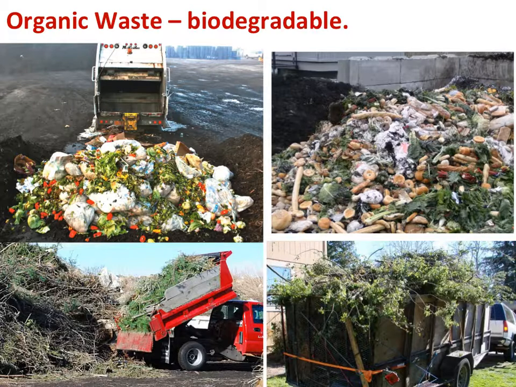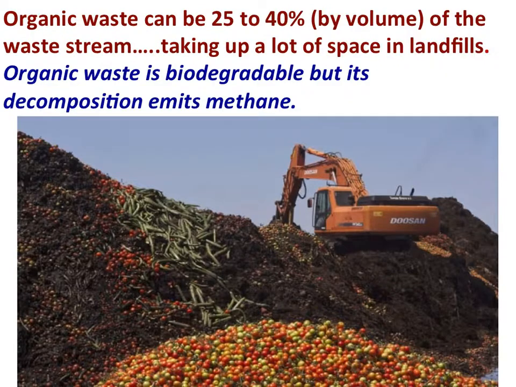Biodegradable is defined as a substance capable of being decomposed relatively rapidly by bacteria or other living organisms. Organic waste can be 25 to 40% by volume of the waste stream, taking up a lot of space in landfills. Organic waste is biodegradable, but its decomposition emits methane.